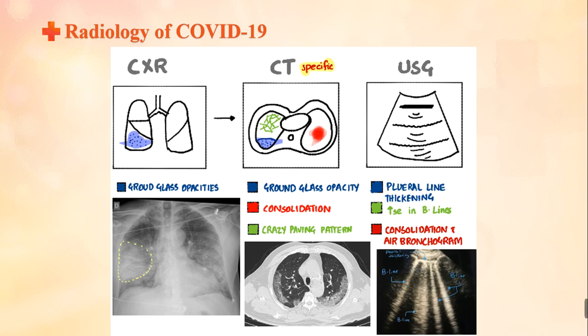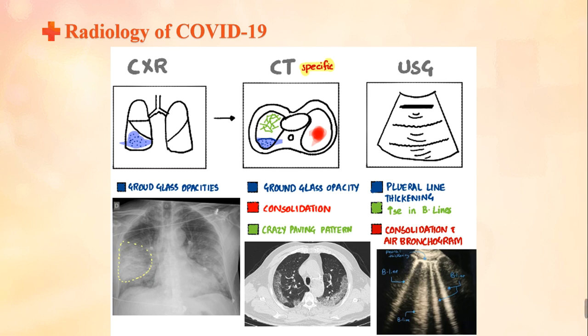But here in COVID-19 patients also you can see the B lines. B lines are not common, so in this scenario the B lines shown correspond to the subpleural thickened interlobular septa. So this is a matter of concern as well.